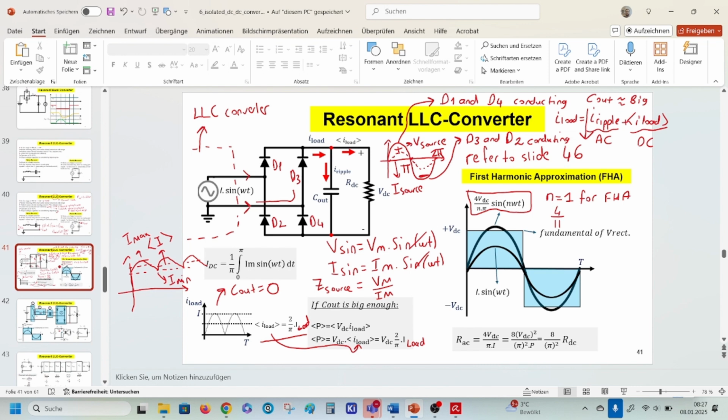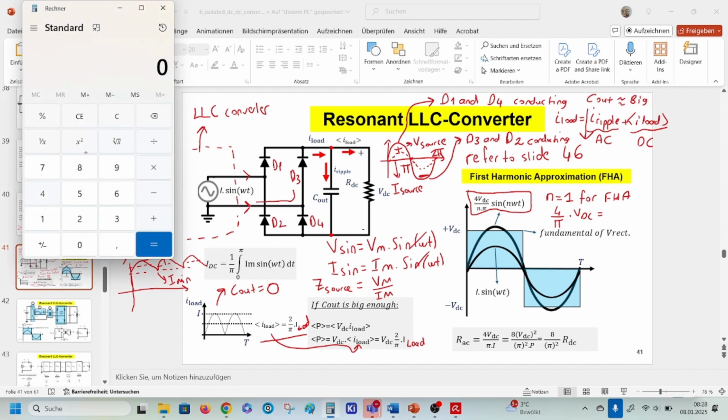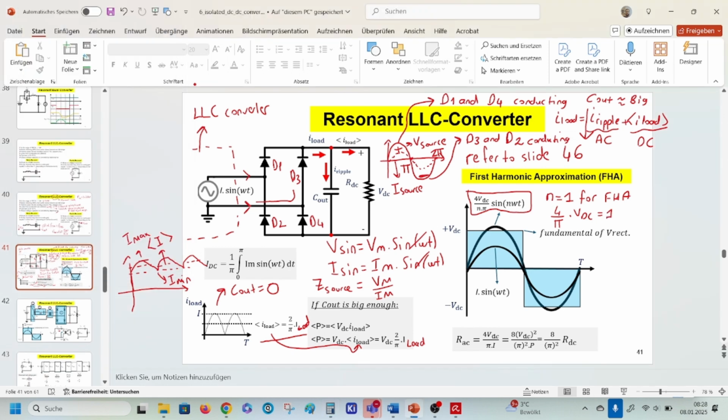What is 4 over pi times DC, or divided by approximately pi, is this max value, this, the whole thing.